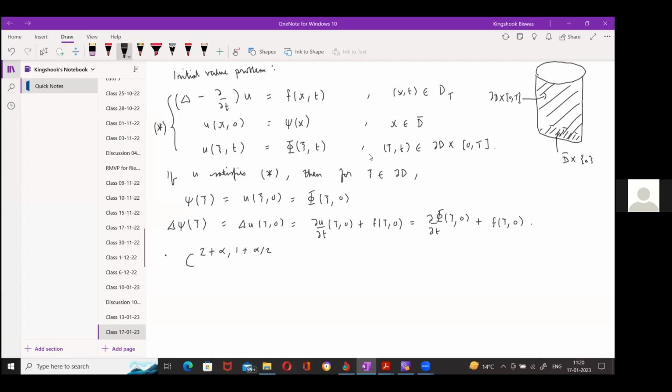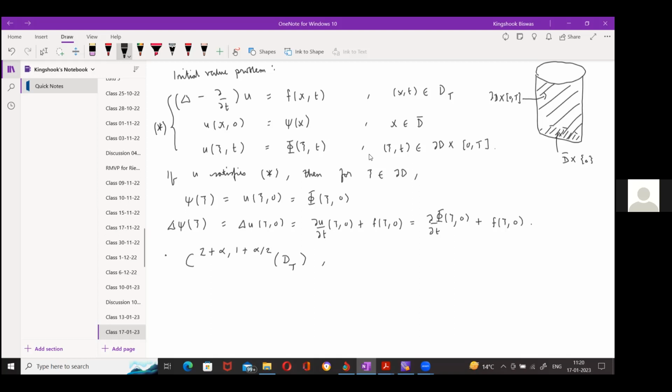And you have one continuous time derivative, which is alpha/2 Holder. This turns out to be the right class to look at. So you have this for the whole cylinder D_T.